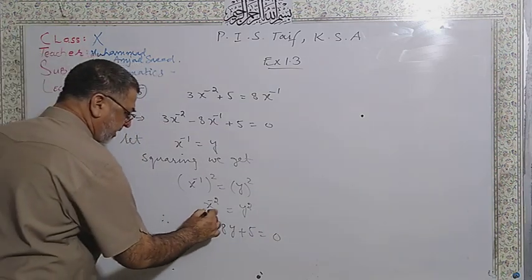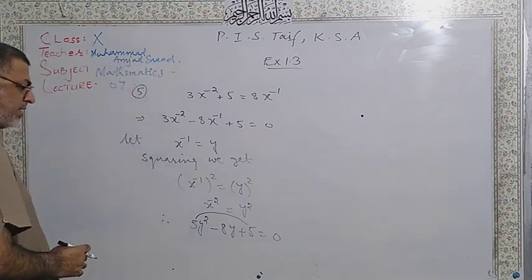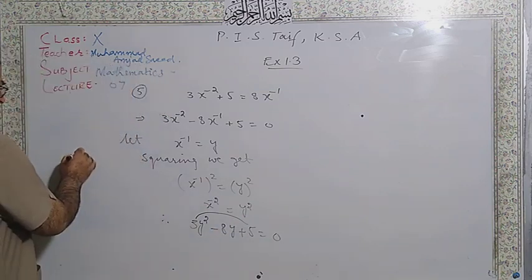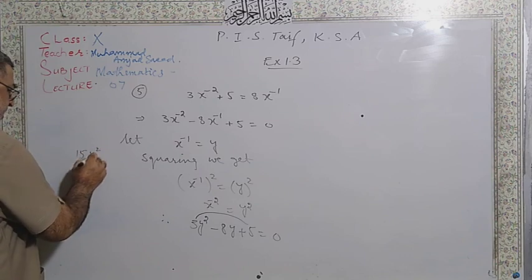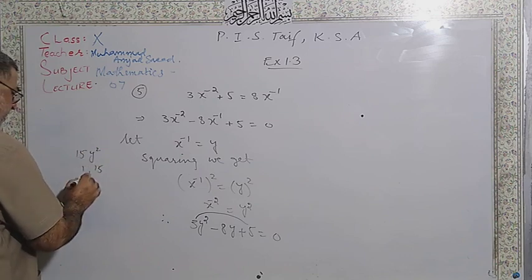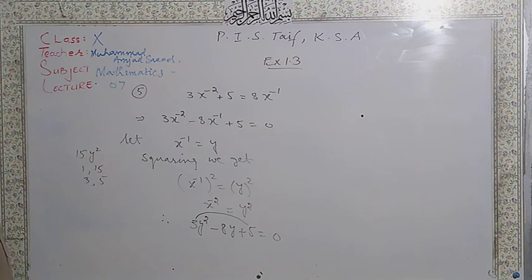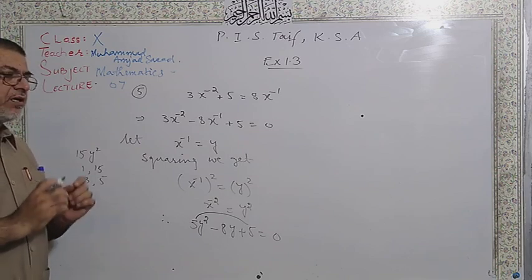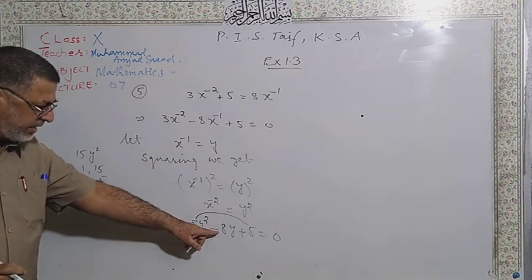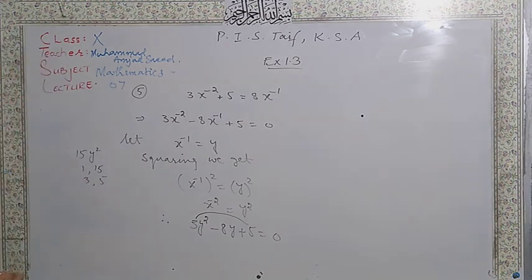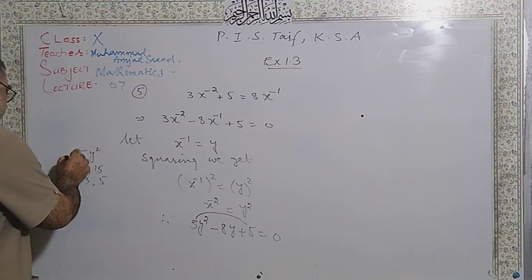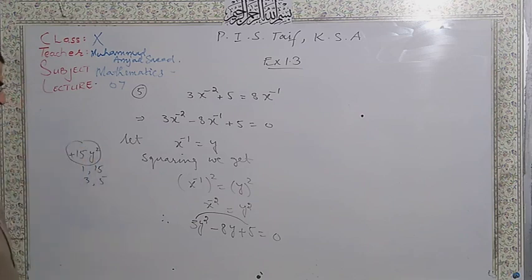Now, we will multiply first and last and make the pairs, that is 15y^2: 1 and 15, 3 and 5. Dear students, I told you that after making the pairs, you will check which pair after adding or subtracting makes minus 8 and after multiplying makes plus 15.